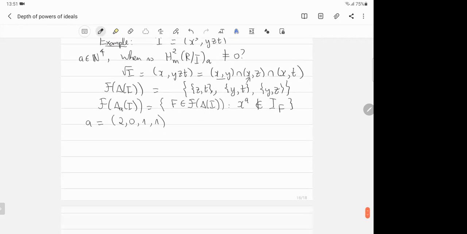So you can compute, for example, I of this. What is I of this? The primary component of F, for F equal to ZT.